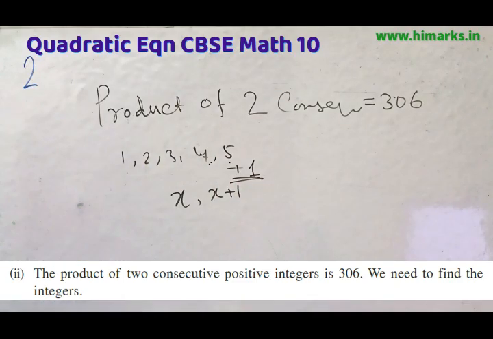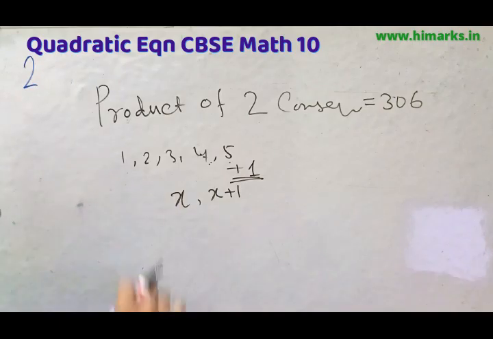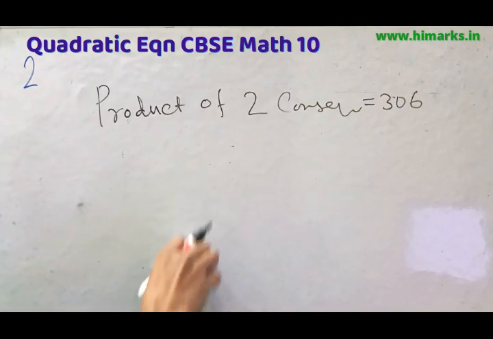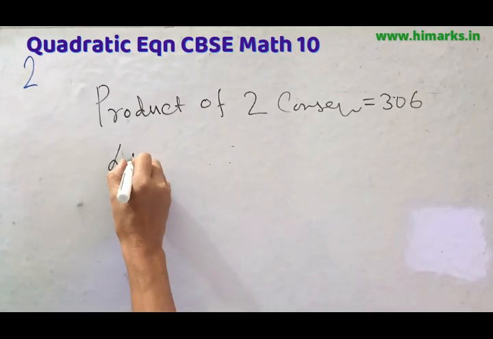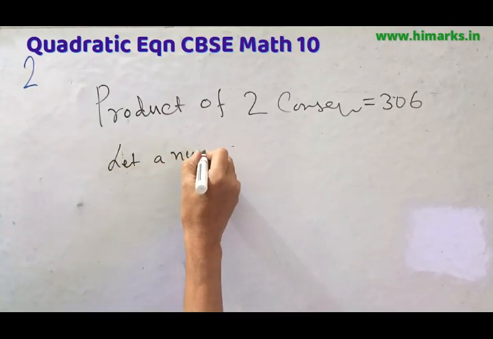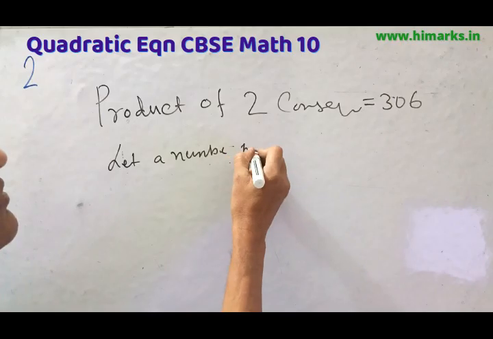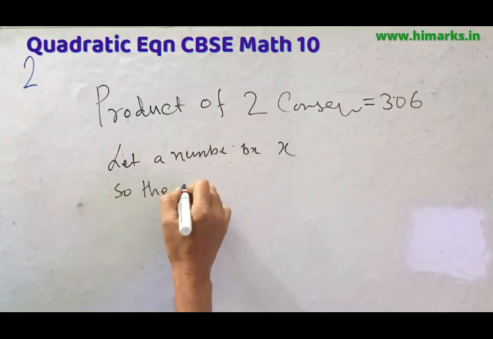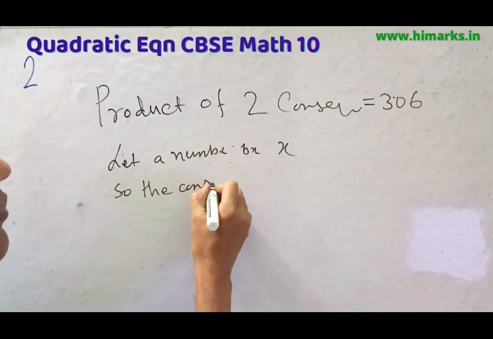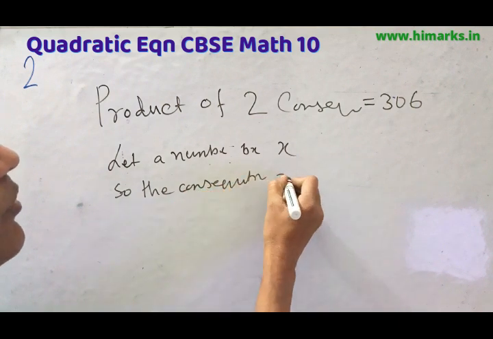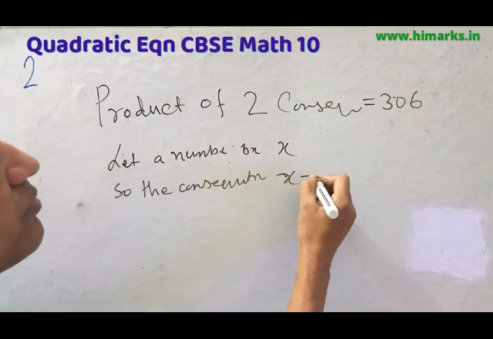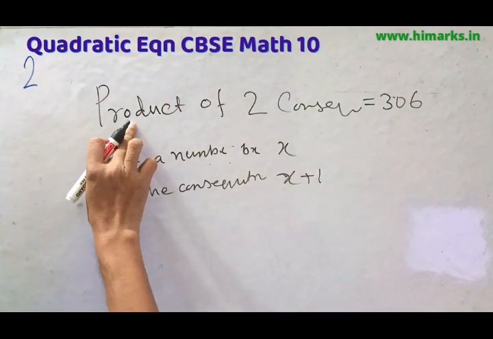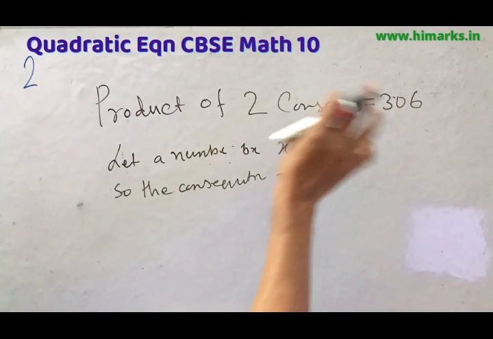So exactly the same thing. What do I have to write here? Let a number be x. So the consecutive number will be x plus 1. Now in the sum, what is mentioned? Product of two consecutive numbers.